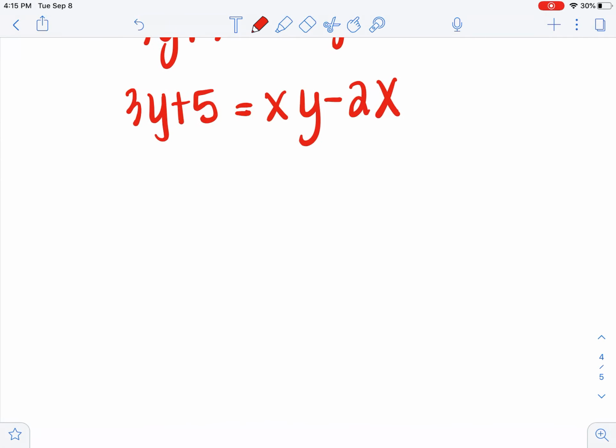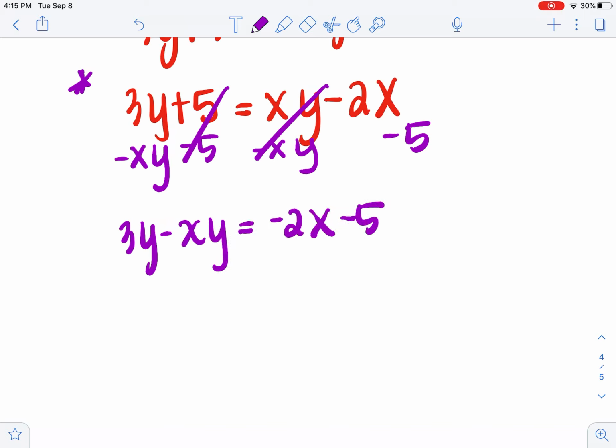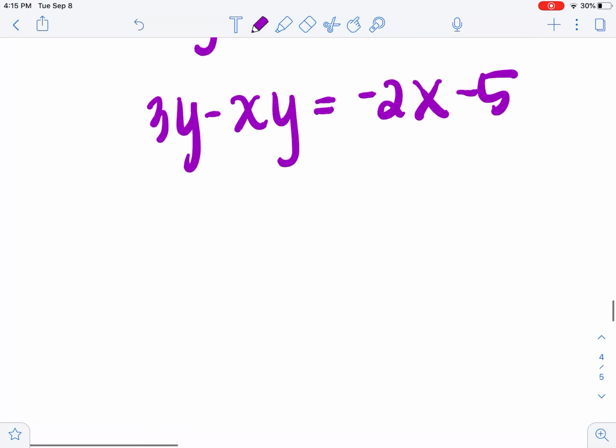All right, the next step is to get everything with a y in it on one side of the equation, everything without a y on the other. So I'm going to get everything with y in it on the left side of the equation. So I'm going to subtract xy, gone off that side. But now I have to get the 5 off this side. -5, -5, gone off this side. So now I have 3y minus xy equals -2x minus 5.